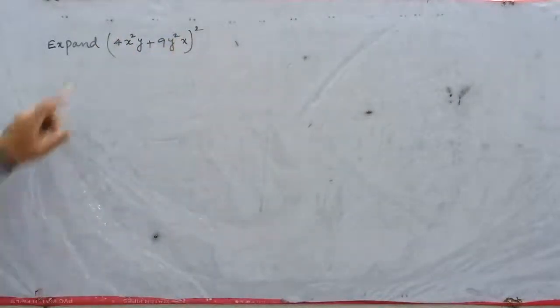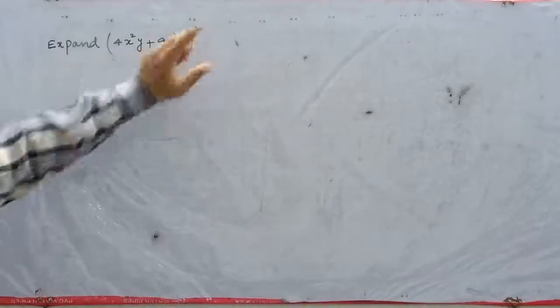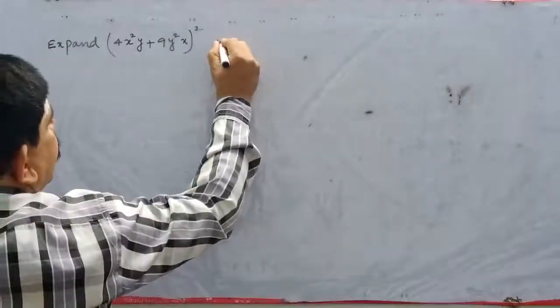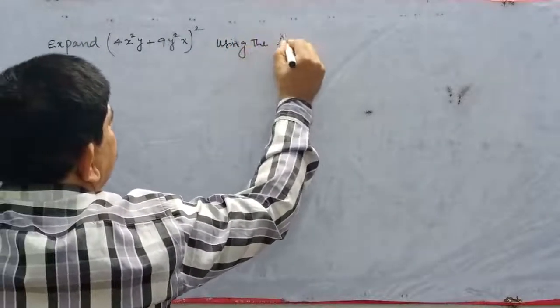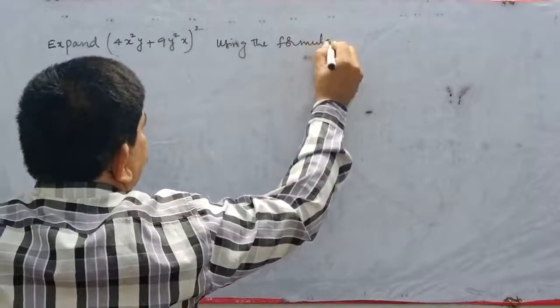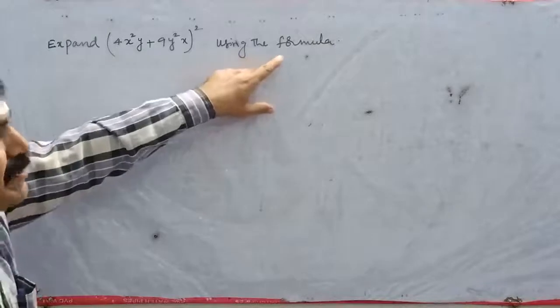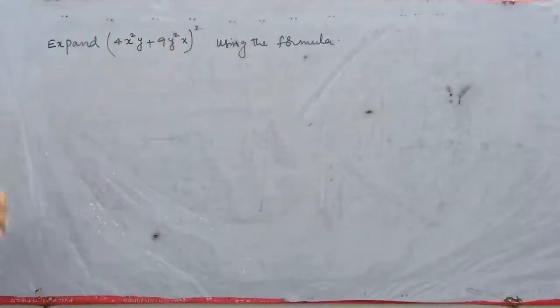Right? Expand (4x square y plus 9y square x) whole square, using the formula. So, by using the formula only we can find.